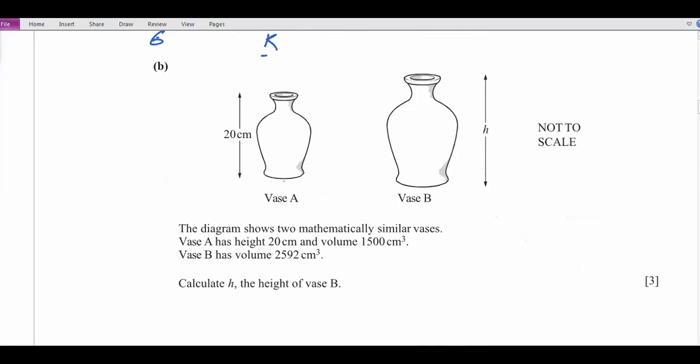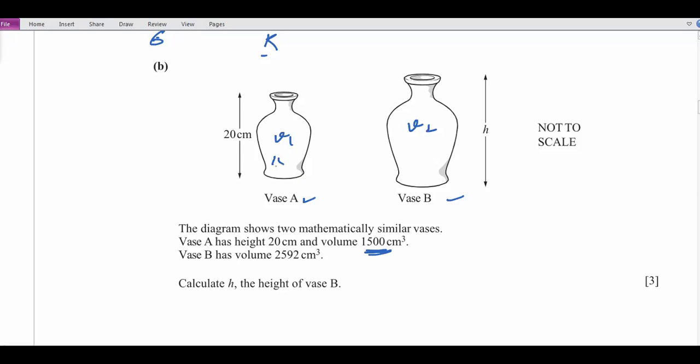Once again, it's said that this shape and this shape are similar. It is given that the height of A is 20. The height of B is not given, it is just H. The volume of A is 1500, say this is V1, this is V2.